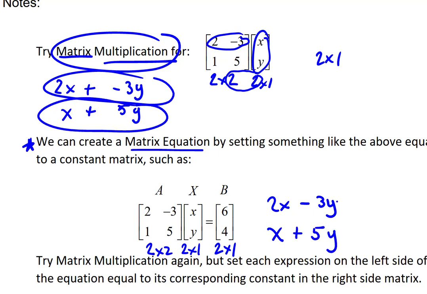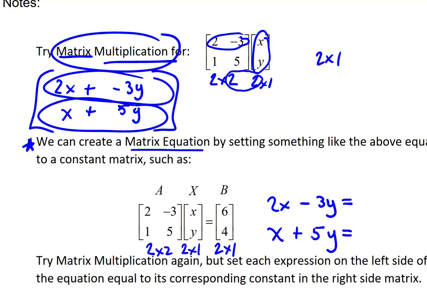But now, if we take those expressions and set them equal to their corresponding values, notice if we were to put that result in a matrix, you have a 2 by 1 result matrix, where the 2x minus 3y is the top entry, and then the x plus 5y is the bottom entry.